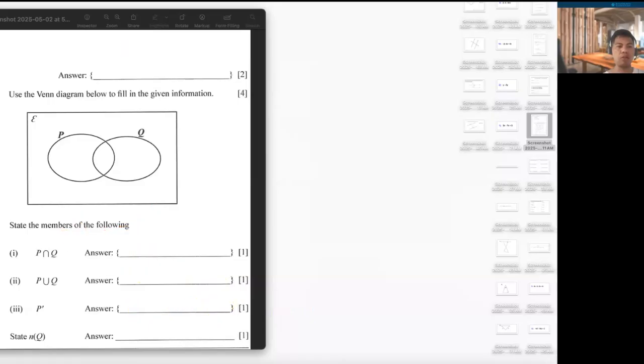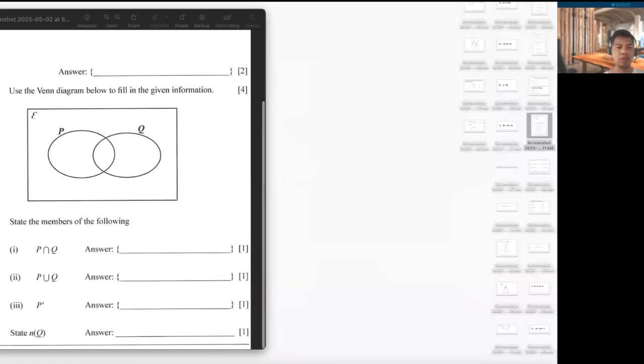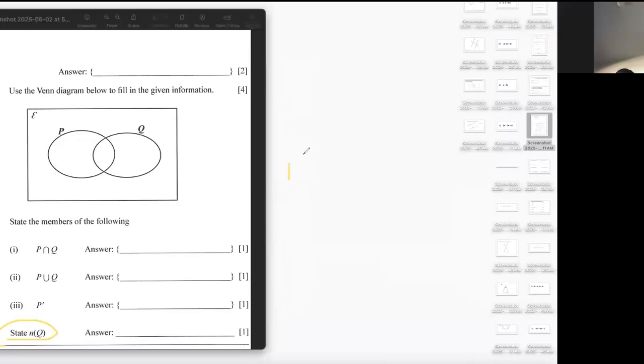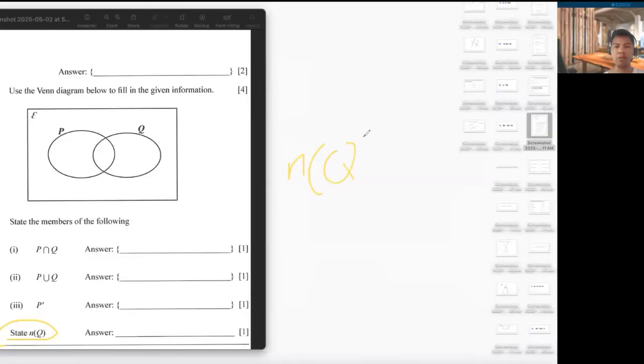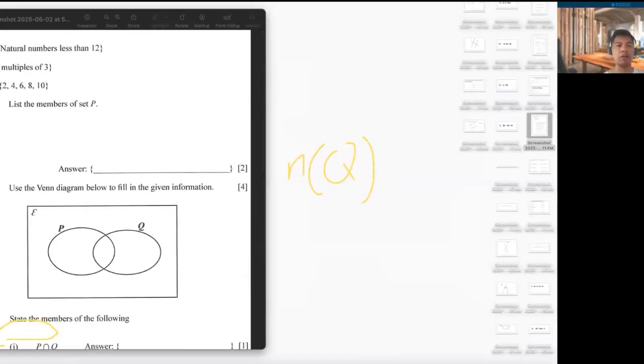How about this symbol? You know what that means? The number of elements in Q. How many elements are there? We have 2, 4, 6, 8, 10, so this is equal to 5. There are 5 elements in Q. So if I write n(E), what is the answer here?